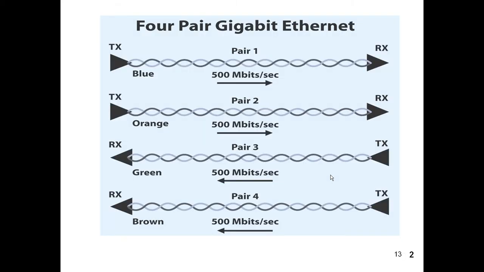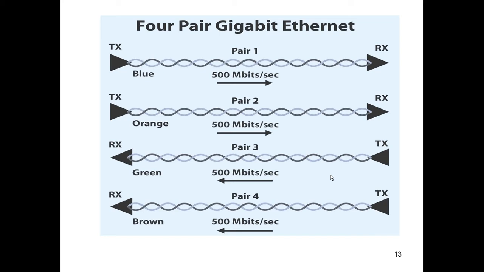Now, if you're doing gigabit Ethernet, you use all 4 pairs of the typical 4-pair cable. And here you see the scheme in which it transmits the gigabit back and forth in a full duplex configuration or full duplex communication. This is important for you to remember.